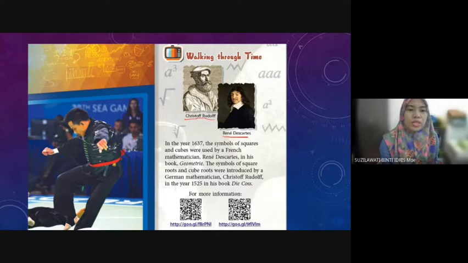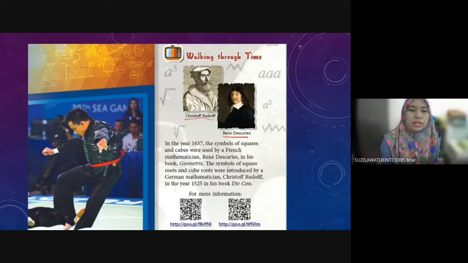Okay, these two persons introduce or come up with the idea of squares and square roots. Okay, squares and cube were used by French mathematician Rene Descartes. Ini ialah orang Perancis, French mathematician. Dia keluarkan buku Geometry.